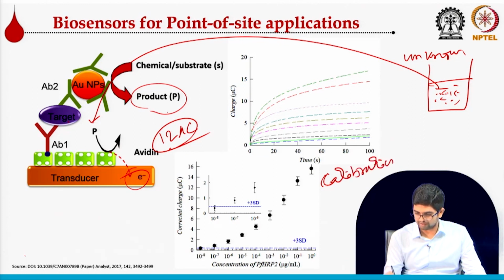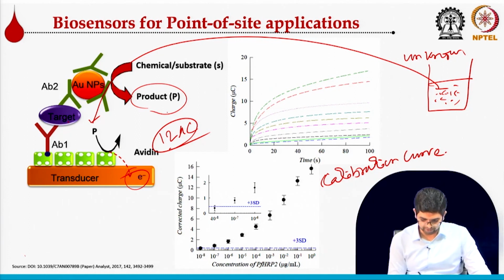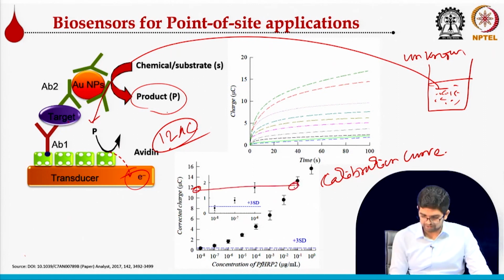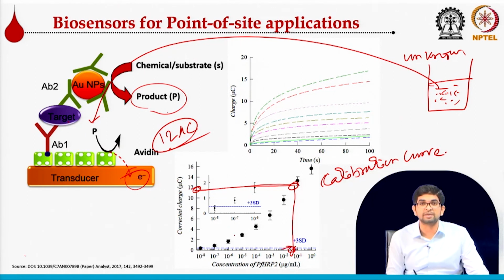Now, here you can plot the 12 microcoulomb you got, right. So, here it is your charge. You have to draw a line here, then draw a straight perpendicular line, and then you just see how much concentration your unknown sample has, suppose in this area. So, based on this calibration curve, you can determine the target concentration, right.